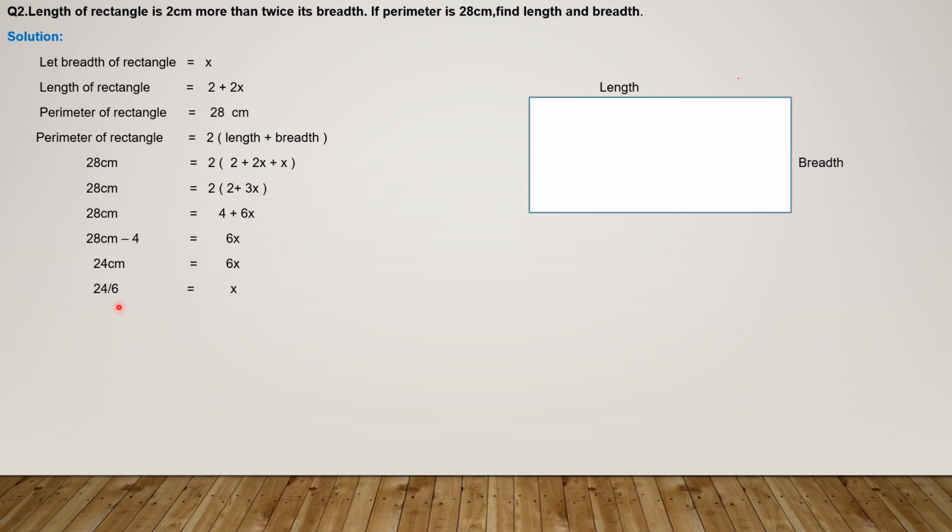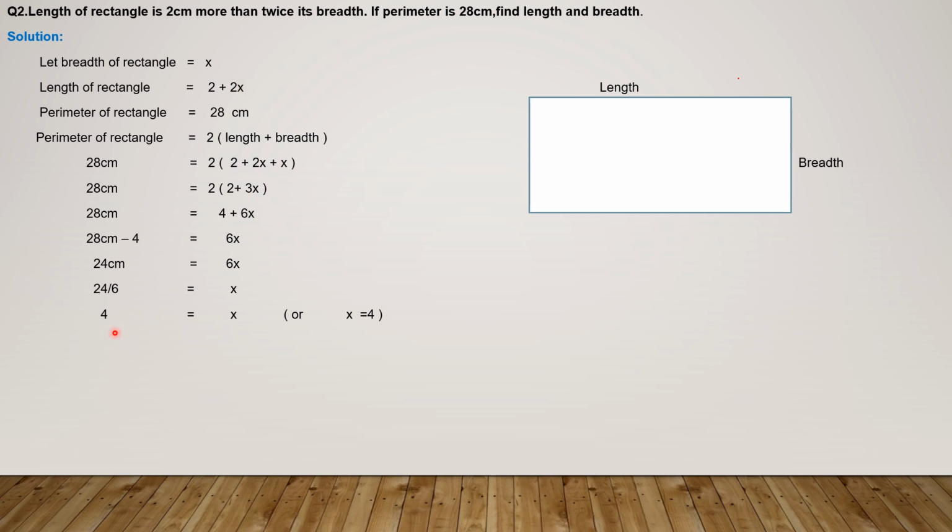Now divide these two values, or cancel out with the table of 6. 6 1s are 6, 6 4s are 24, so 4 centimeter is equal to x, or you can write x is equal to 4. This is the answer of what? Breadth. Breadth of rectangle, that is equal to x, that is equal to 4 centimeter.